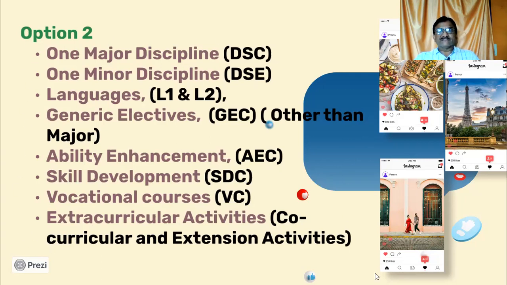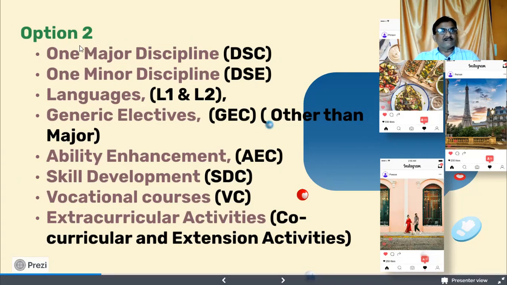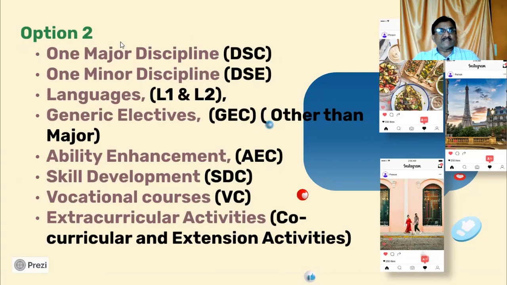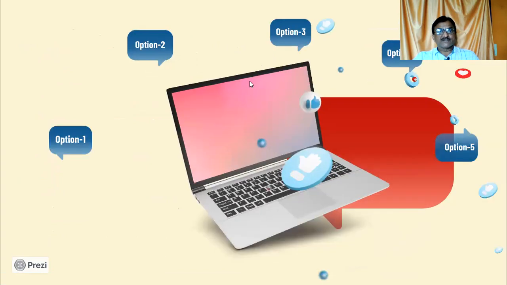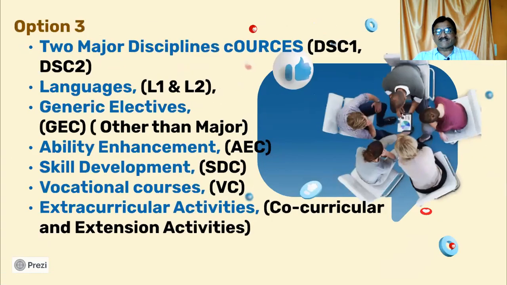These are the subjects that come under option number 2, the combinations of subjects considered for option 2. Then what are the subjects listed in option number 3? Now here will be the main point. In option number 3, out of all these combinations of subjects, the student can choose two major discipline courses, taken as major discipline 1 and major discipline 2.